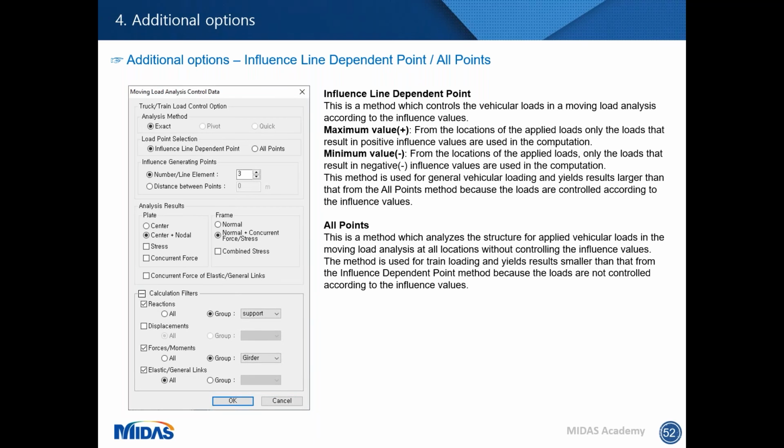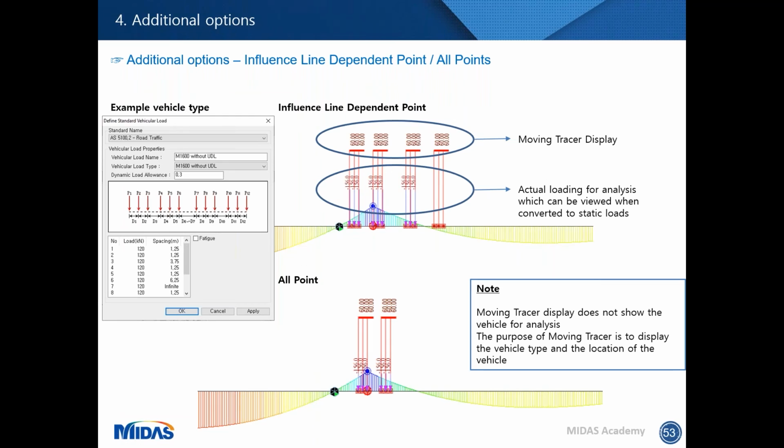So if you go to analysis menu and find moving load analysis control data, here we have option to choose between influence line dependent point, or all point option. I'll tell you with an example.